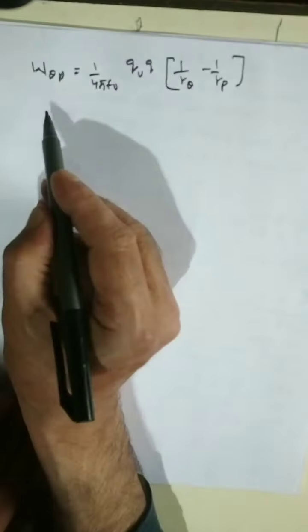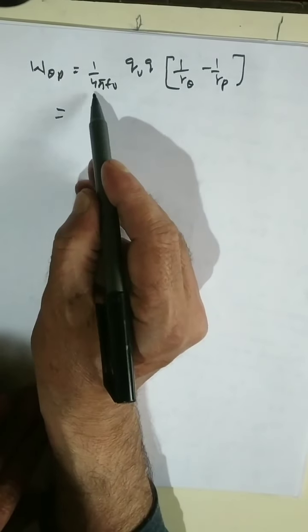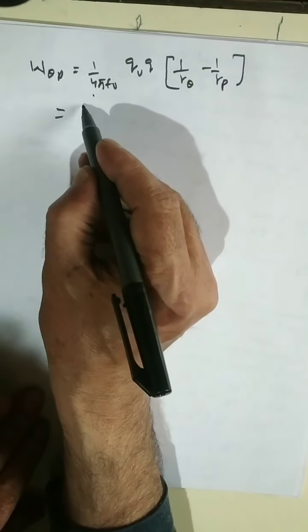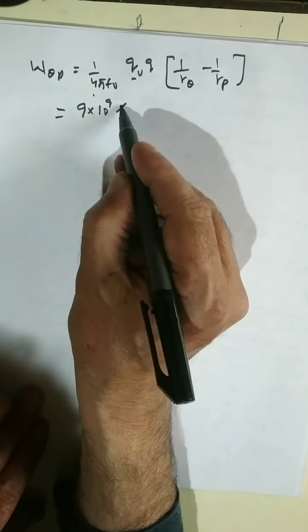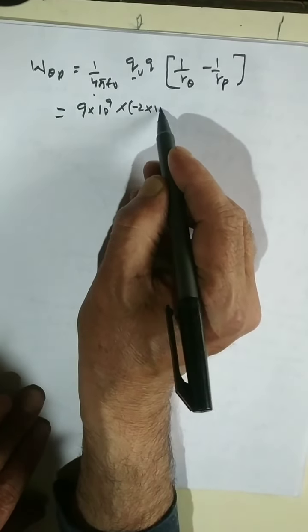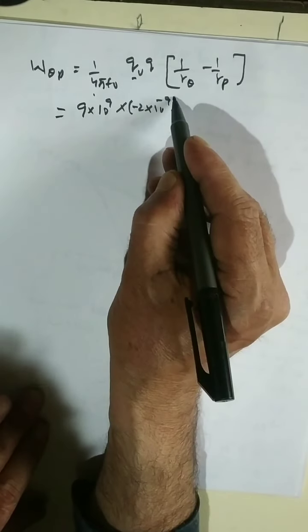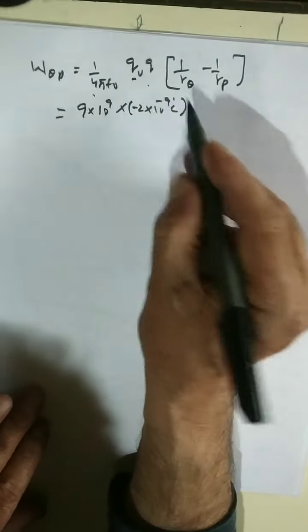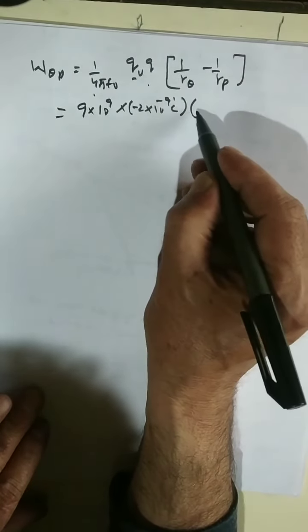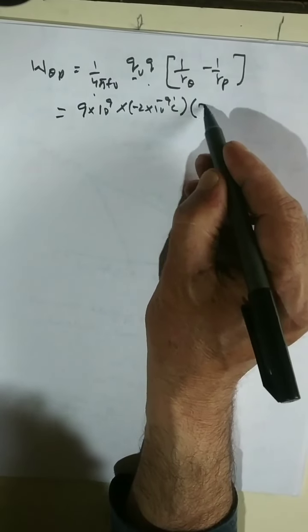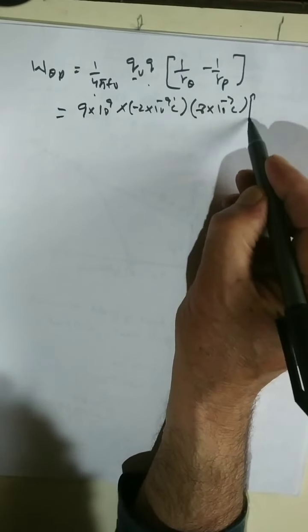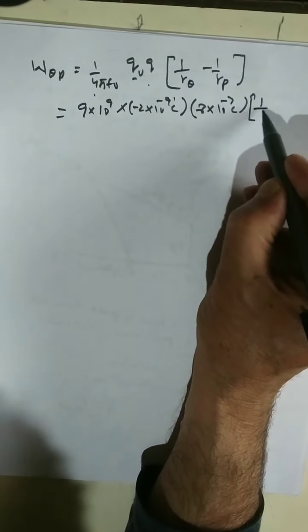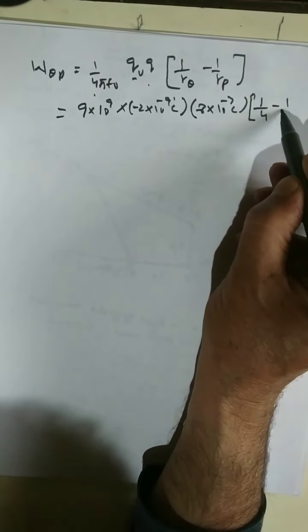Now substituting the values, 1 by 4 pi epsilon 0 is 9 × 10^9. The test charge was -2 × 10^-9 coulomb. The source charge was 8 millicoulomb, that is 8 × 10^-3 coulomb, into 1 by rQ minus 1 by rP, that is 1 by 4 minus 1 by 3.